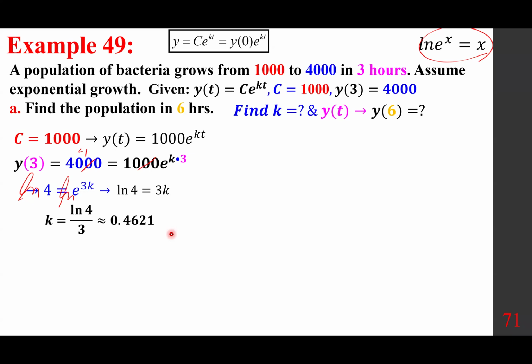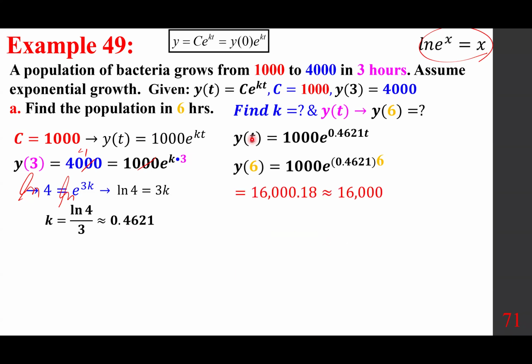So now if I go back to the formula here, y of t is 1,000 e to the power of kt, and I found the value of k. So I want y of 6. Let's replace it. Put it into a calculator. Bunch of decimals. You get 16,000.18 or 16,000.